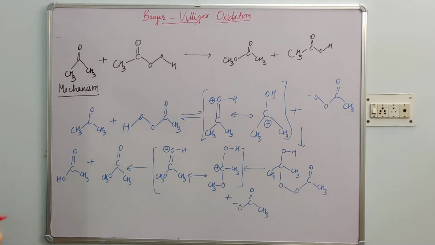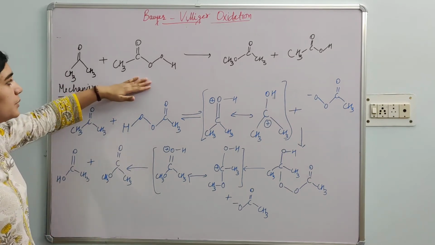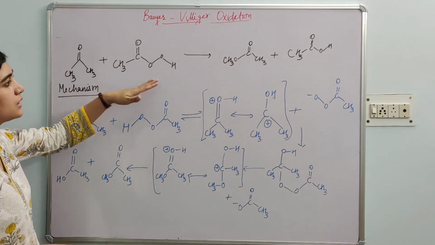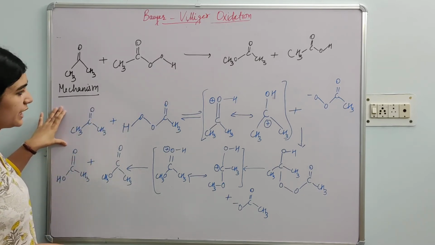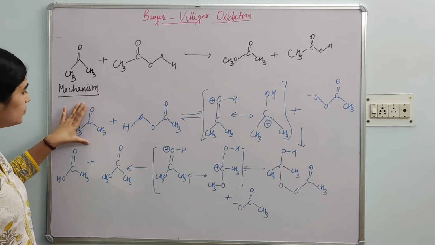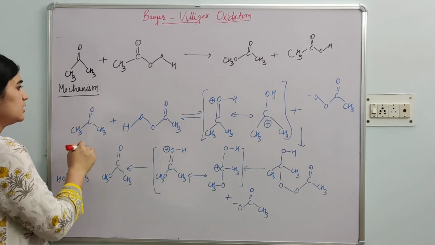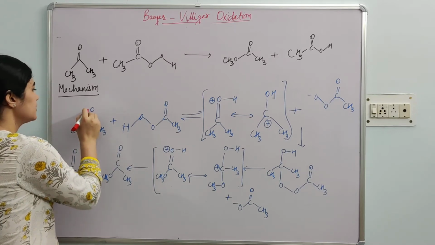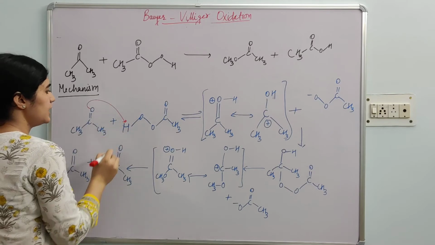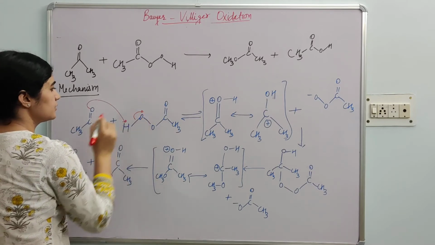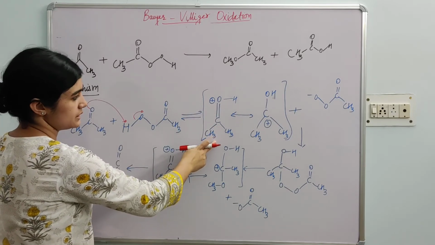So we are taking a general reaction of acetone with our peroxy acid, and the products are formed like this. Now let's see how the mechanism works. We have acetic acid and our peroxy acid. This will attack the proton, and you will get a positively charged protonated acetone.